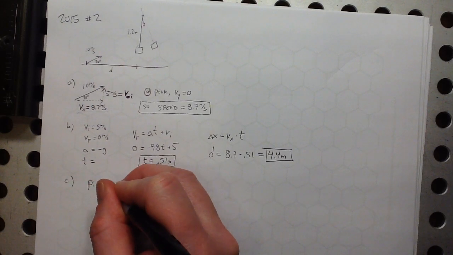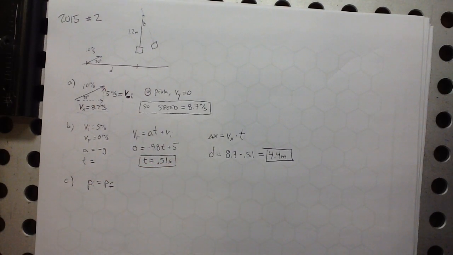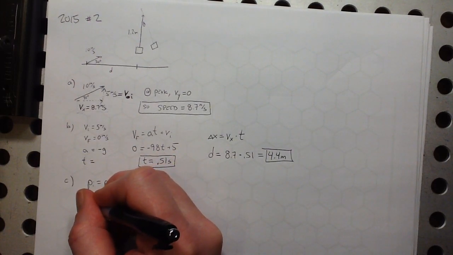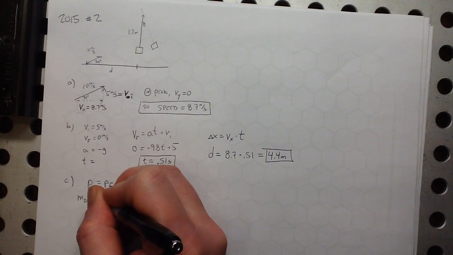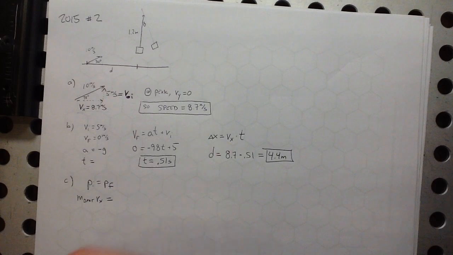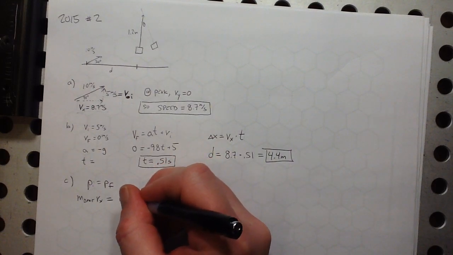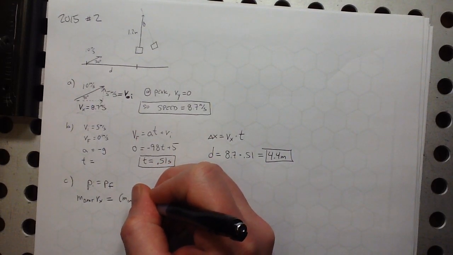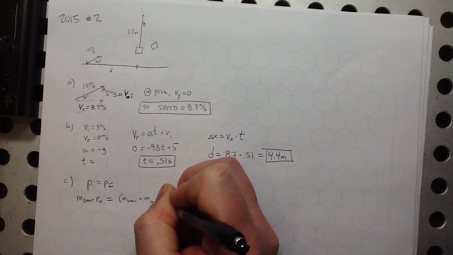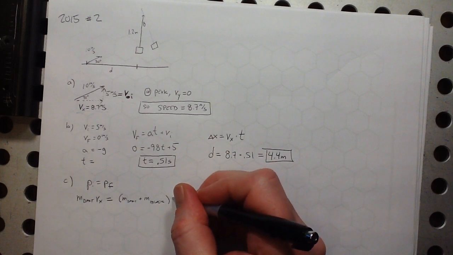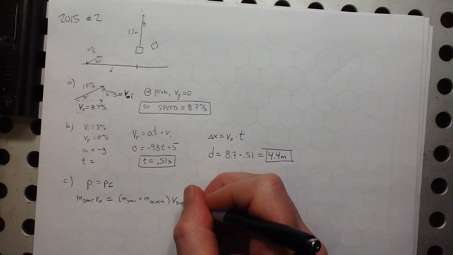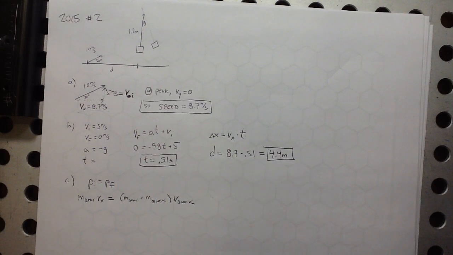So initial momentum is equal to final momentum. Important to write that down. So that's the mass of the dart times its initial velocity, which is just that constant horizontal velocity, is going to be equal to the mass of the dart plus the mass of the block times the initial velocity of the block.